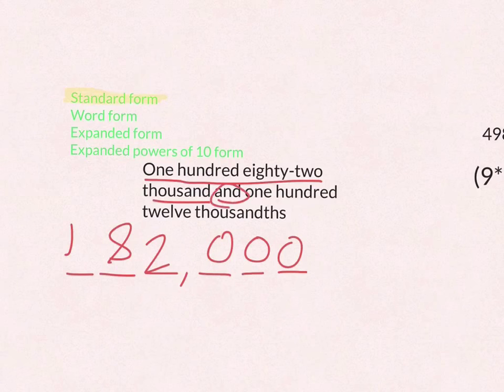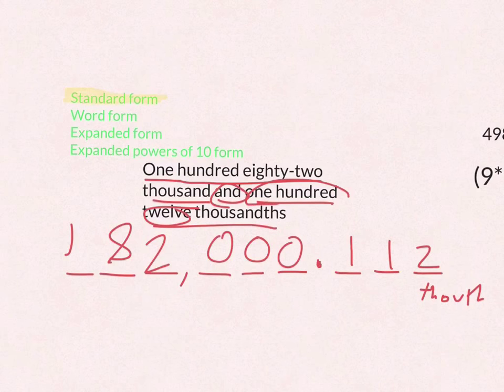And then you see the "and," that's our decimal. And then it says 112 thousandths. So if you know your places, you can fill out blank spots to the thousandths. And then we just fill in 112. So it would look like this in standard form.